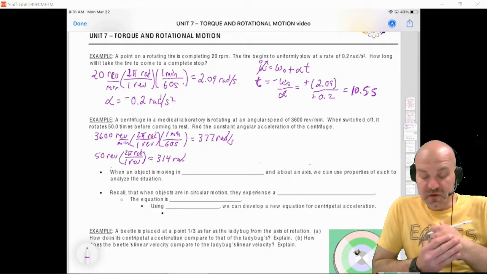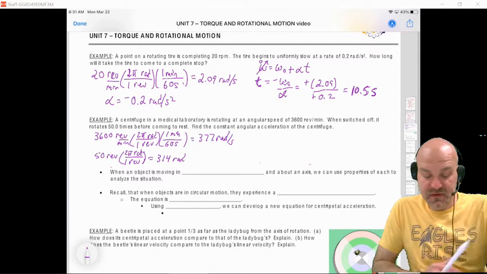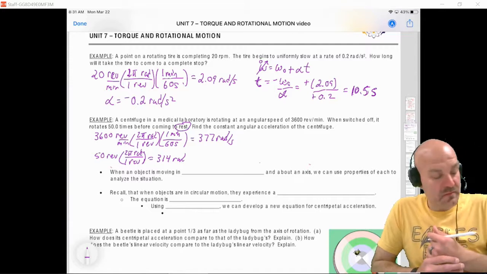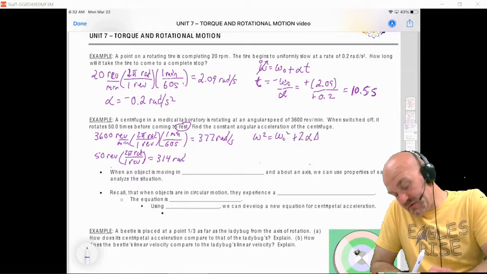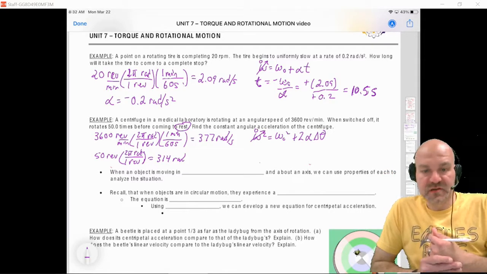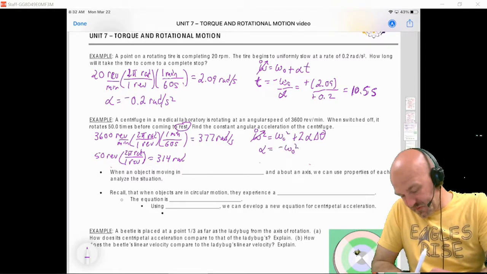Okay, and so we're going to look for the angular acceleration. We know it should be negative because it talks about coming to rest. So it's going to be our final velocity. And so we're going to use the equation with no time because it doesn't give us a time and it doesn't ask for it. Okay, where omega squared is going to be 0. And so alpha is just going to be negative omega 0 squared over 2 delta theta.